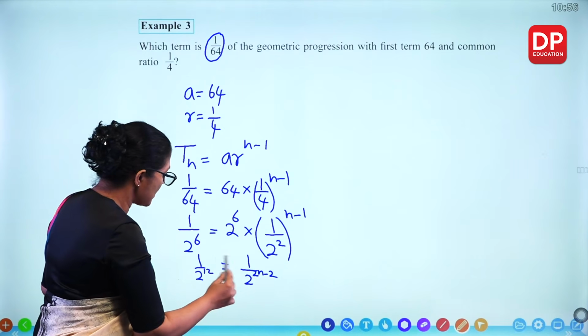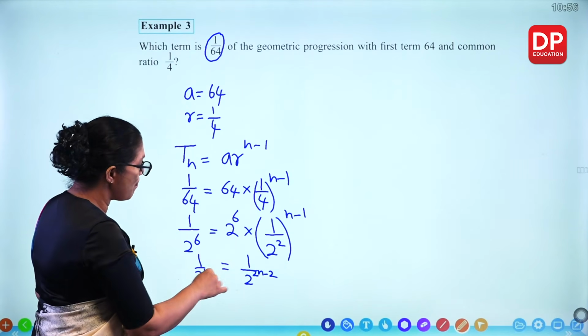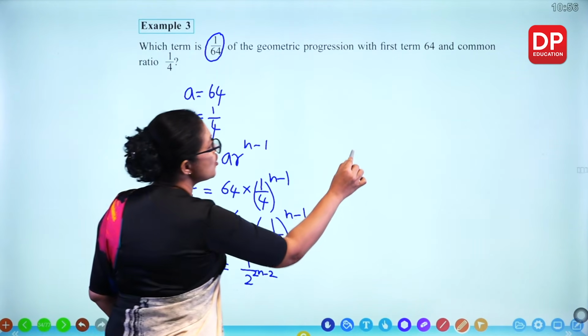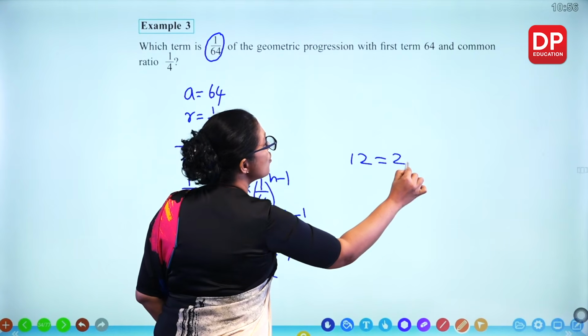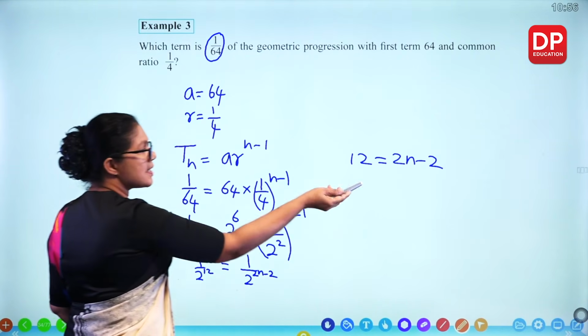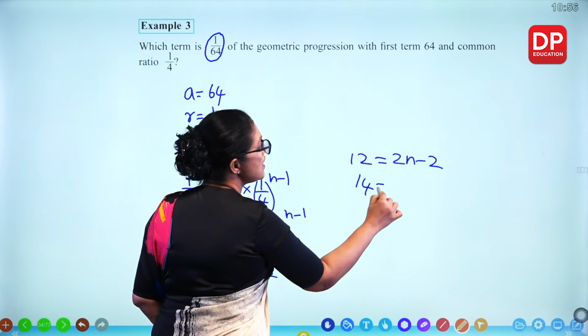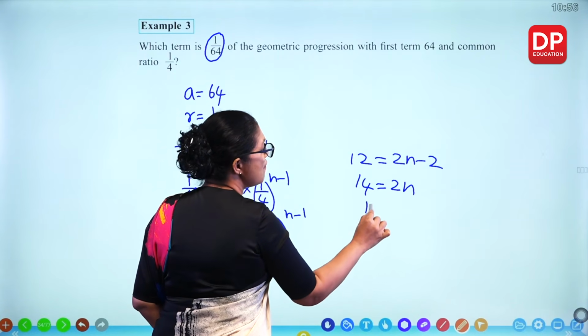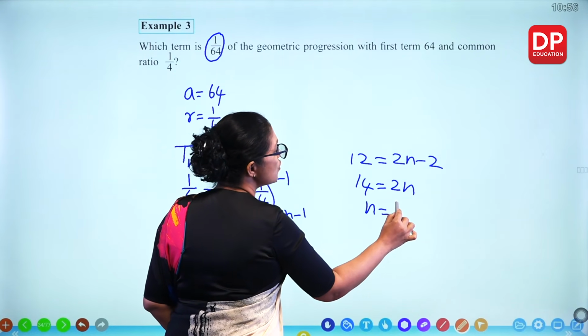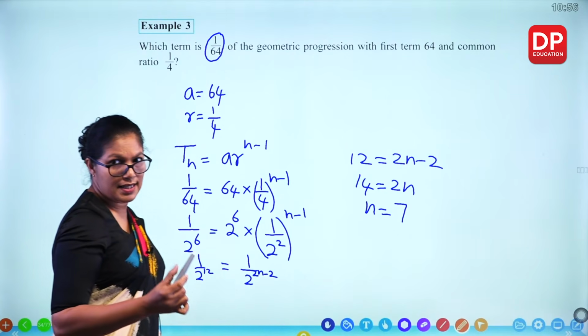So, what is the answer? Comparing the powers, I can write 12 is equal to 2n minus 2. Take minus 2 to the other side. 12 plus 2 is 14, which is 2n. So, what's the n value? Divide this by 2. You get 7.